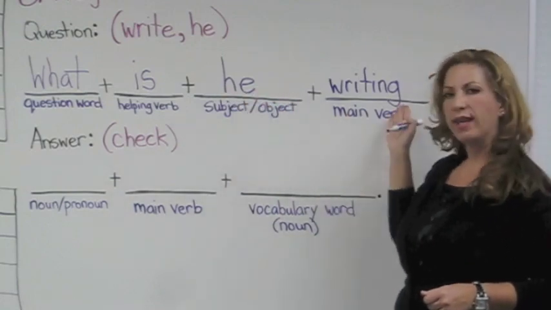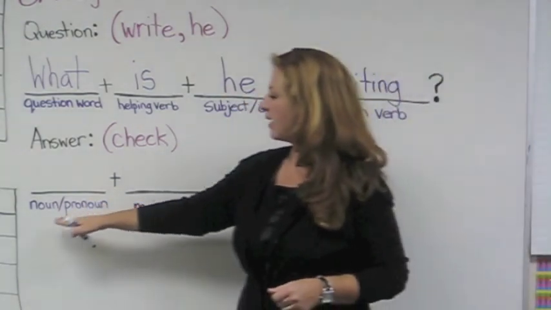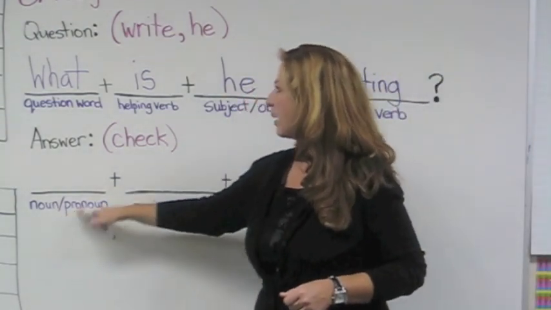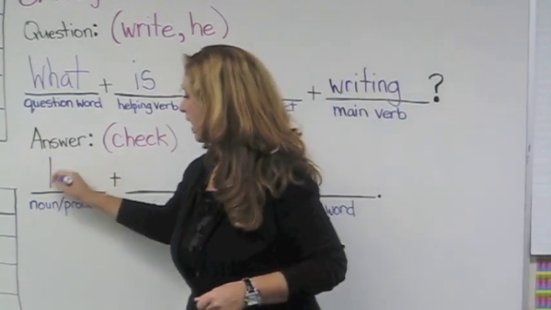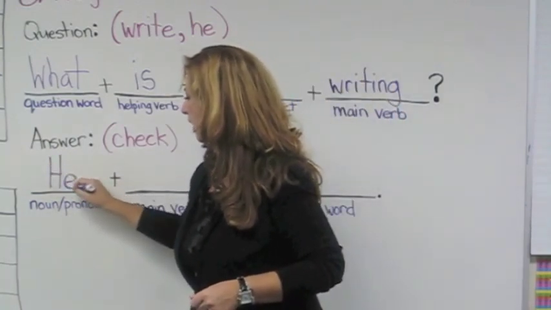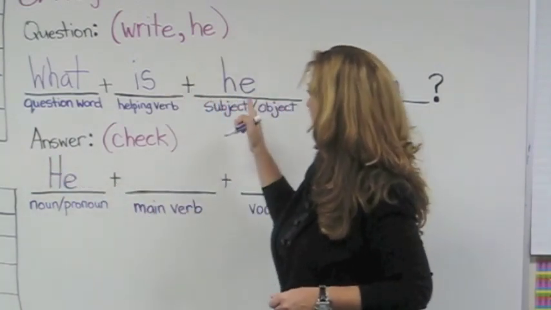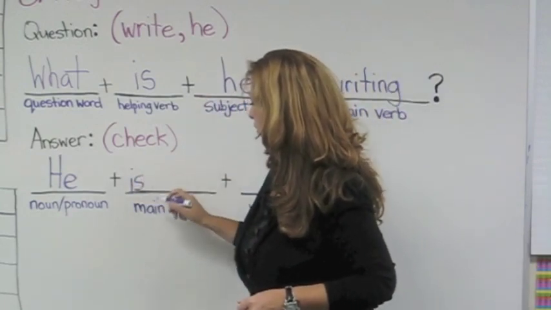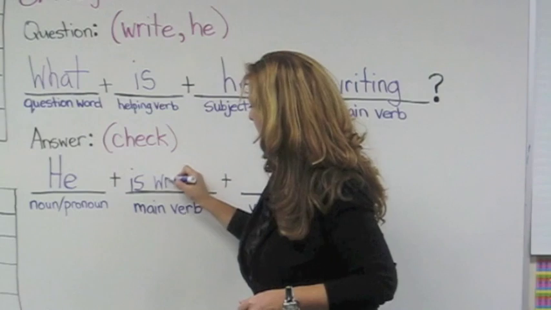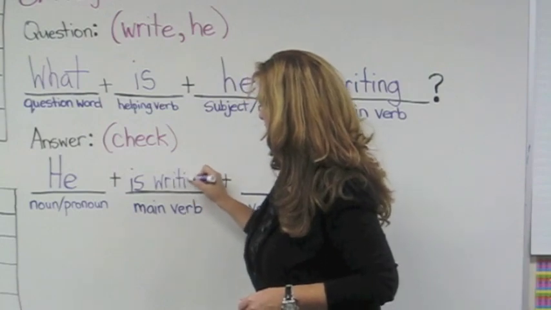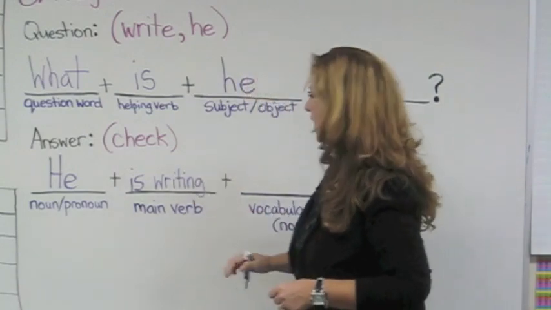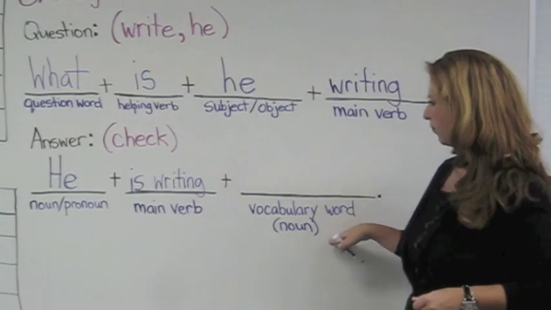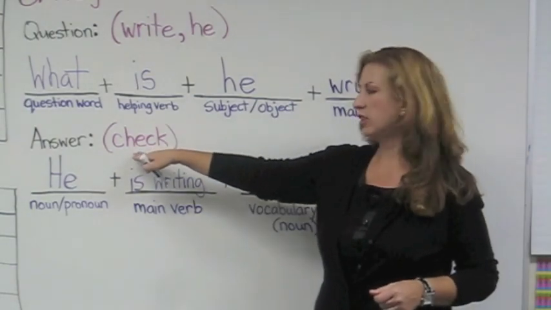What is he writing? And now our noun or pronoun is going to be he, and again, we begin with a capital letter. He is writing is the main verb. He is writing. And our vocabulary word is check.